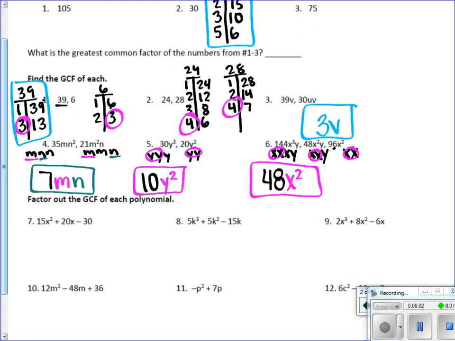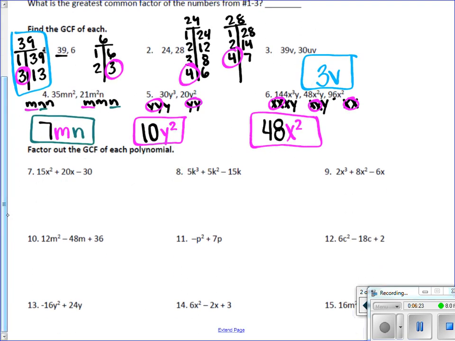So what we're about to do is start not just greatest common factor, we are going to start factoring things. Factoring means undoing multiplication. So it's kind of like division, except we don't know what we're dividing by. We have to find what we're dividing by. We're factoring out, taking some stuff out, separating it.